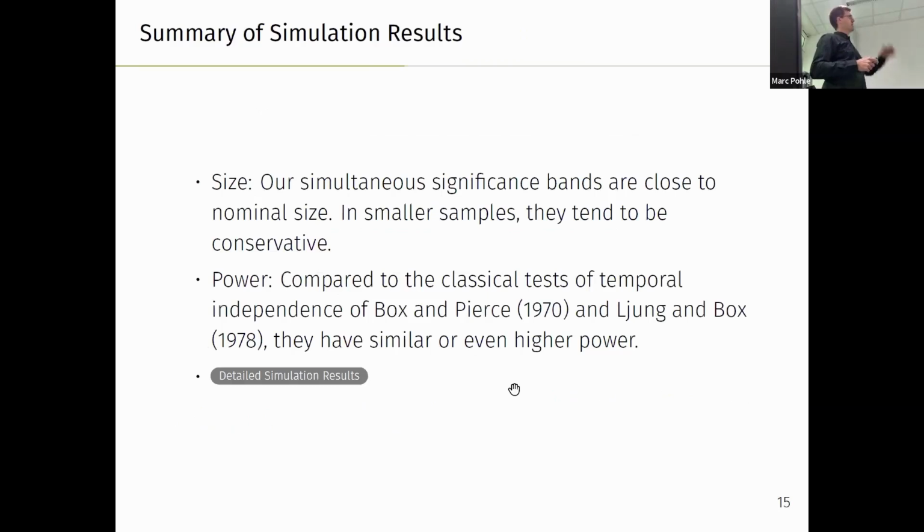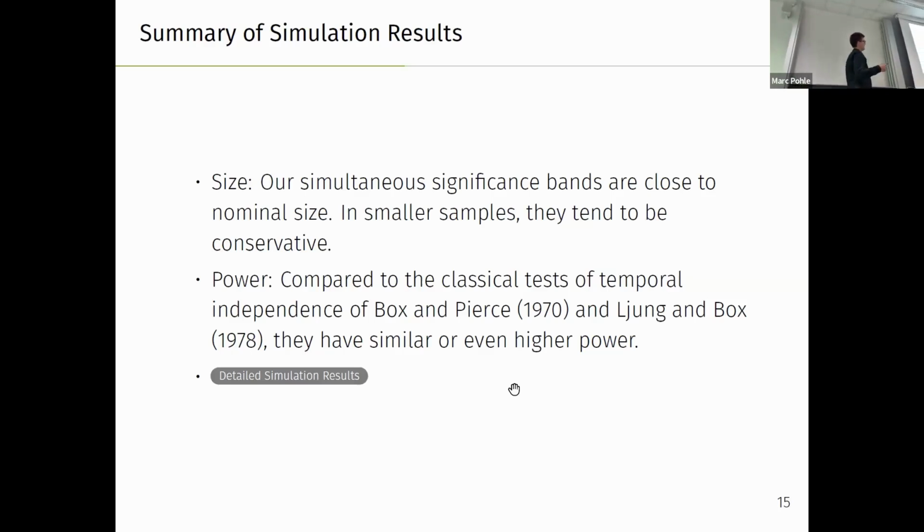Okay. Then you can ask yourself, how do these bands work? They should work fine, because there's no variance matrix estimated, so what should go wrong. In our simulations, we see that those bands are close to nominal size.